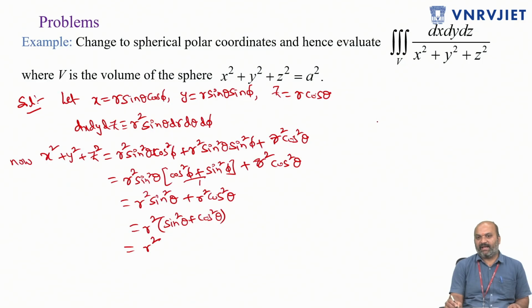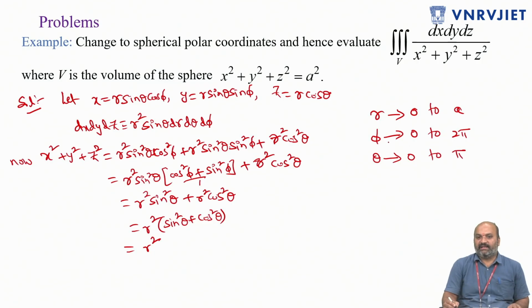Of course, it's a sphere. What are the limits? r varies from 0 to the radius of the sphere, which is a. For φ, the horizontal angle, the limits are 0 to 2π. And for θ, the limits are 0 to π. So these are the limits for r, θ and φ.